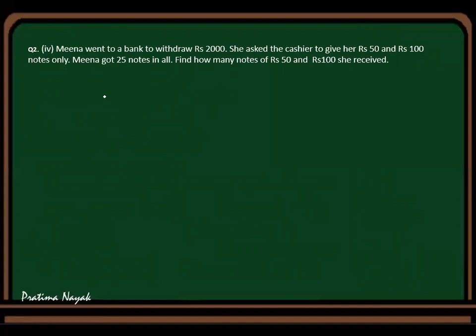Okay, so we don't know how many rupees 50 notes and how many rupees 100 notes there were, but the total number of notes was 25 and the total money was rupees 2000. So there are two unknown quantities: the rupees 50 notes and the rupees 100 notes. We can take them as x and y.